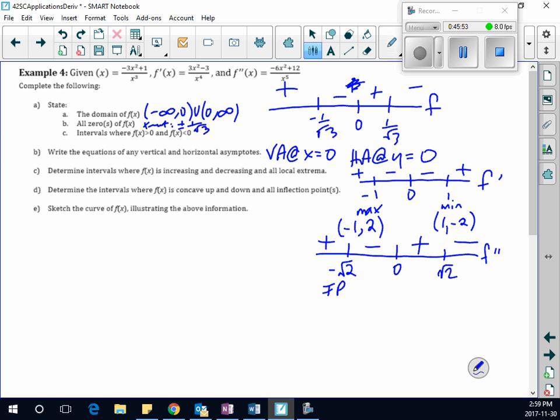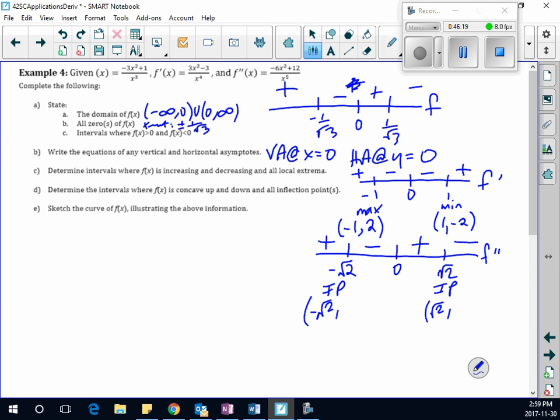Inflection points at negative root 2, comma. It's exhausting, hey? 0 would be an inflection point, right? No. 0 is an asymptote, so it can't be an inflection point, so I've got to be careful there. Inflection point here at root 2, comma.